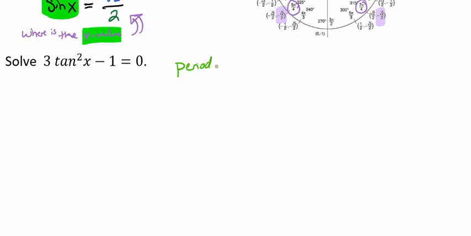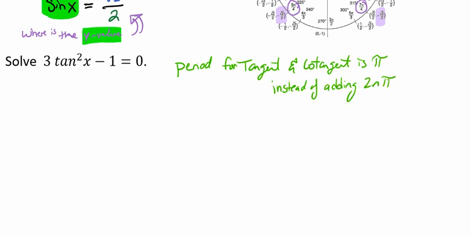And so the period for tangent and cotangent is pi, which means that instead of adding 2n pi to each answer, you only need to add just the pi, or rather n pi. So what does that look like?